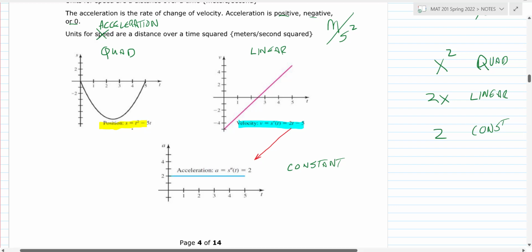A few other things I want you to note on here, too. Right here, at this point, that looks like at 2.5 seconds, the slope of the tangent line right here appears to be 0. So notice when we graph the derivative at 2.5 seconds, the value of that derivative, again the slope of the tangent line, is 0.